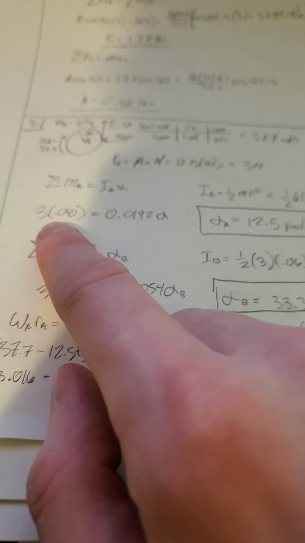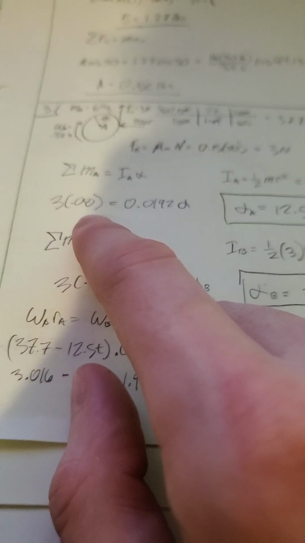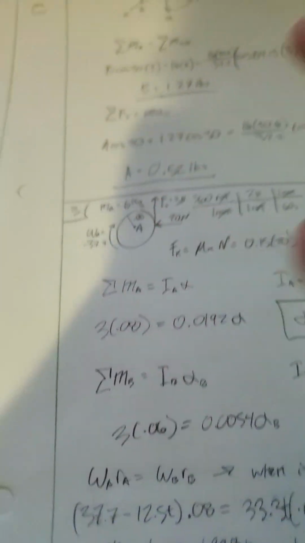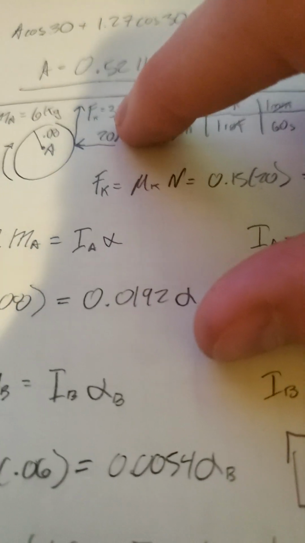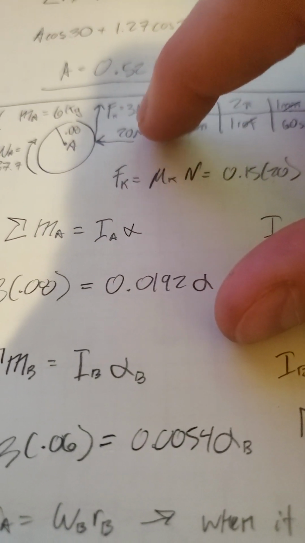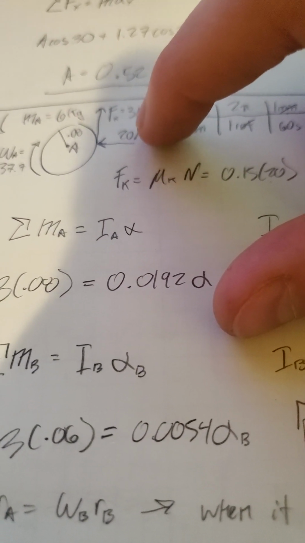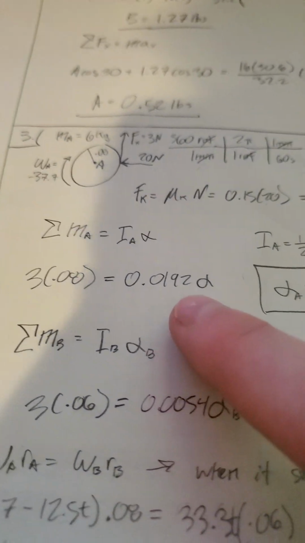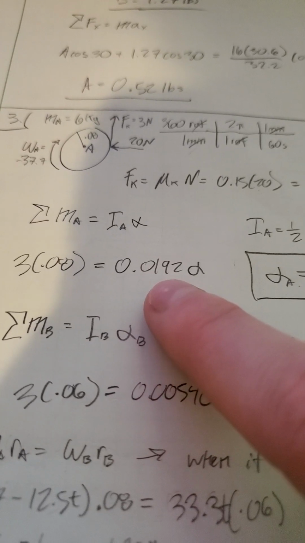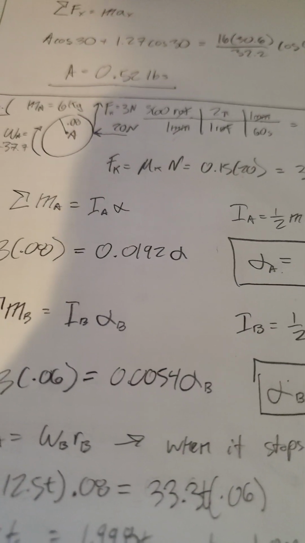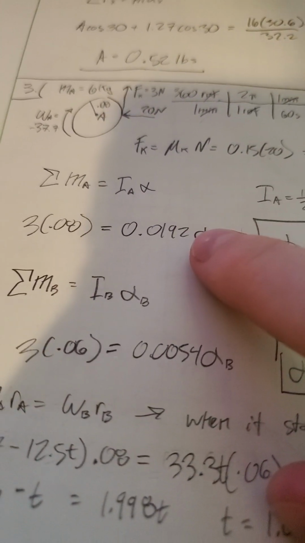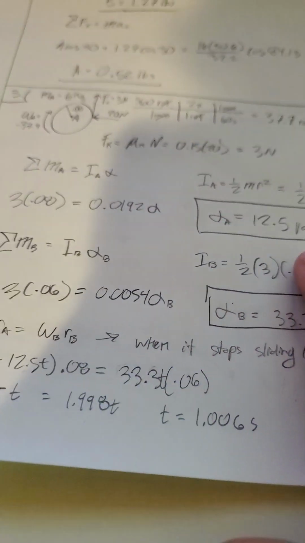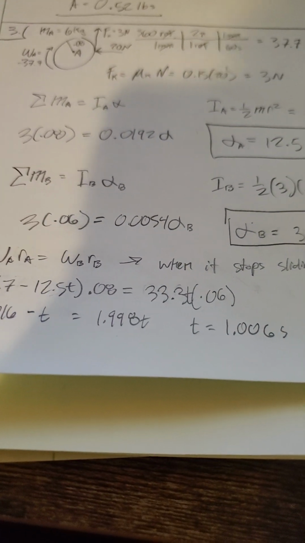As far as the moments, the only one acting on it is going to be the force from the friction, because this 20 Newton force is going right through the center. So that's not going to apply a moment to A. And we know that it's going to equal the mass moment of inertia times the angular velocity. We already solved for the mass moment of inertia, so we can just solve for the angular velocity that way.